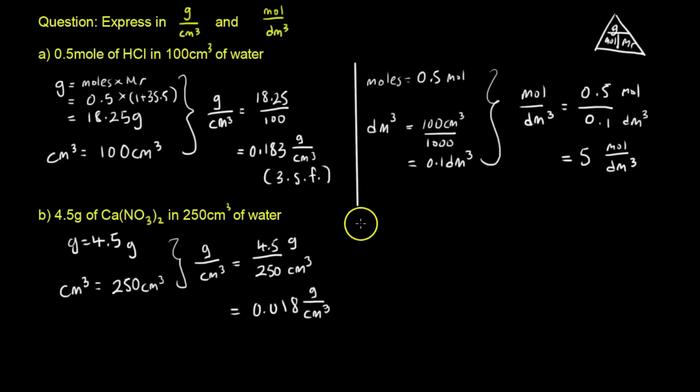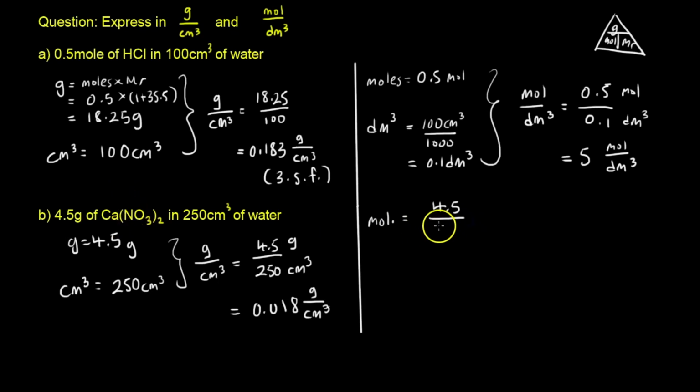Next one is a bit tougher, as in it's the same but it just requires more steps. Let's go. So now I want mole and dm cubed. Do I have mole? No, I do not. So no choice, I have to do some calculations. Based on this triangle of knowledge here, mole is grams divided by Mr. So what's my gram? 4.5. What's my Mr? You can calculate it based on the periodic table, but I just give it to you now.